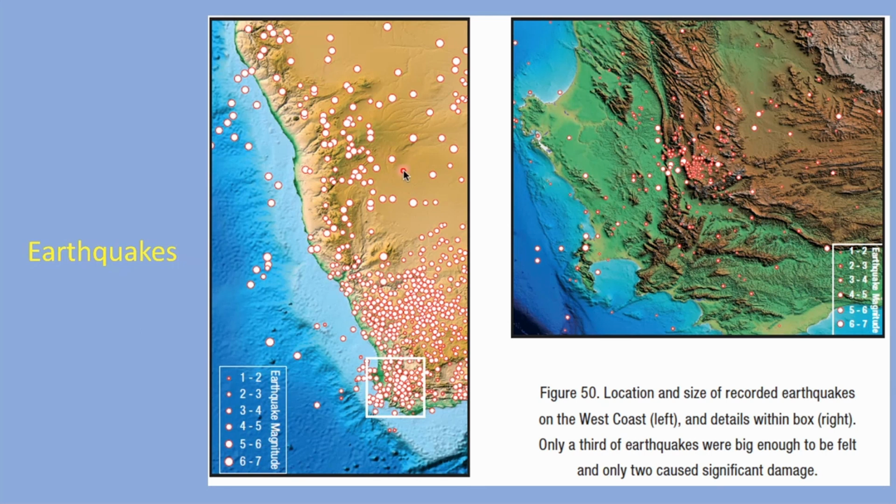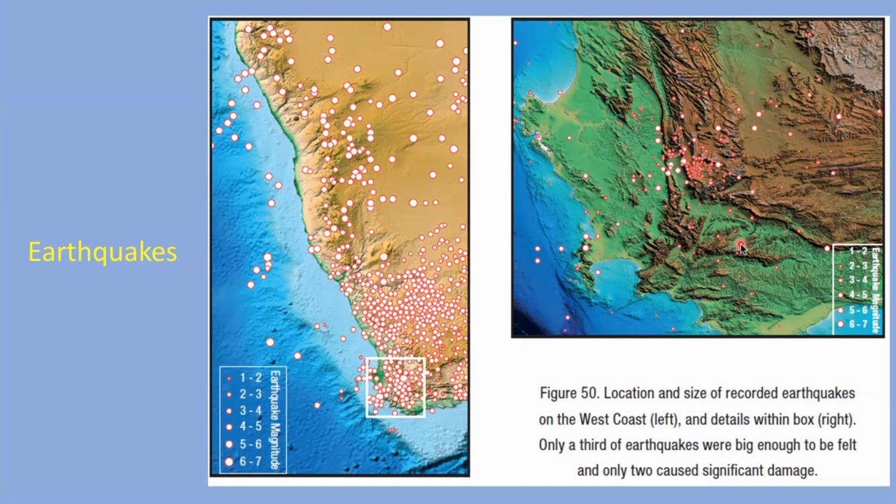On the left is the entire West Coast, and then there's a blow up of this box of our area at the southwestern tip. The size of the dots is better seen on the blow up. You can see all the little tiny dots, and then there are several larger white dots, and these relate to the magnitude of the earthquake.